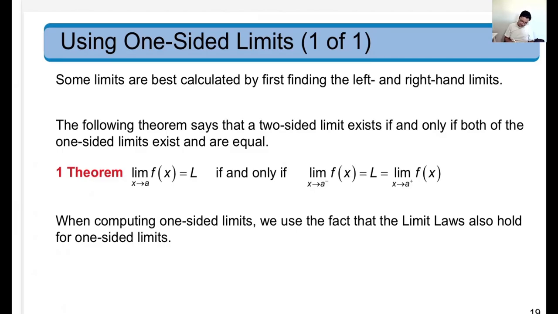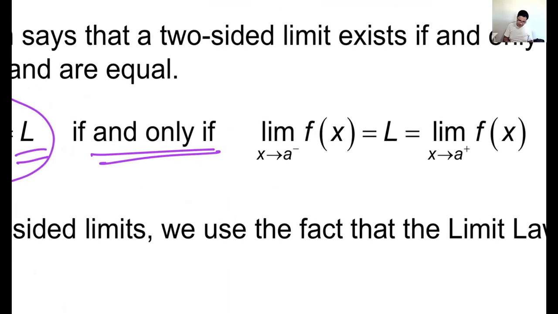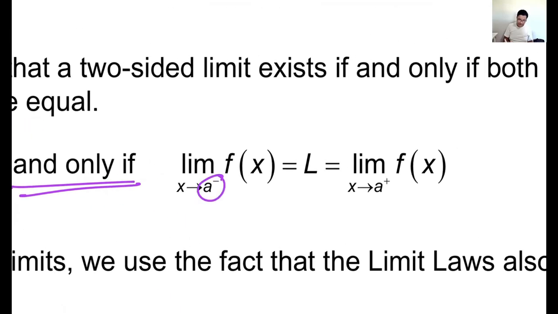So here is some theory about that. What is the theorem? The limit of f of x as x approaches a is L if and only if, both ways, this is the left hand limit, right? Is the limit L, which is also the right hand limit.